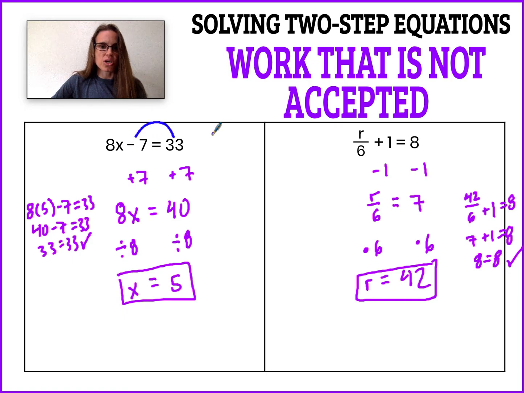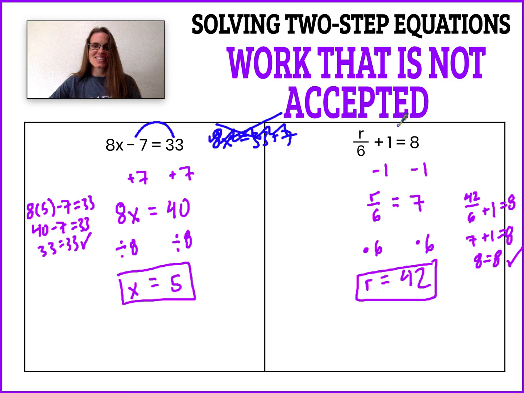So a typical trick would be to move this minus 7 over to the other side and say 8x equals 33 plus 7. Now this is considered a trick and not a justification, and this work is not accepted in algebra. Instead, we need to show plus 7 to both sides of our equation and not just perform this trick.